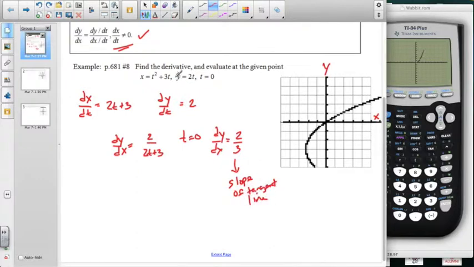And so when t equals 0, x equals 0 and y equals 0. So we're looking at this point, and at that point we have a slope of the tangent line of 2/3, so up 2 over 3. So our slope of the tangent line looks something like this.